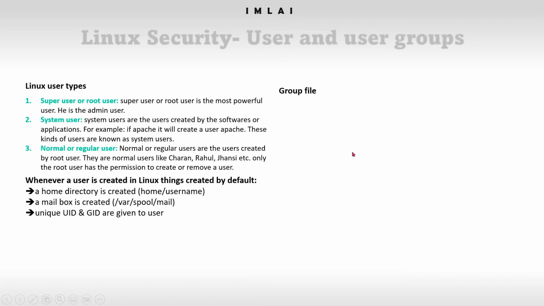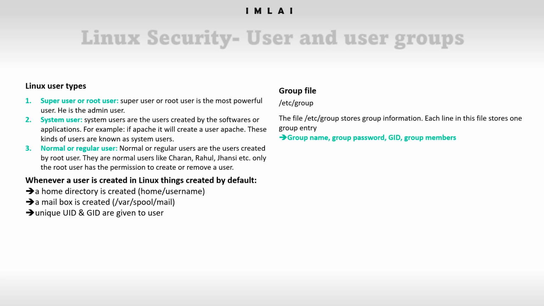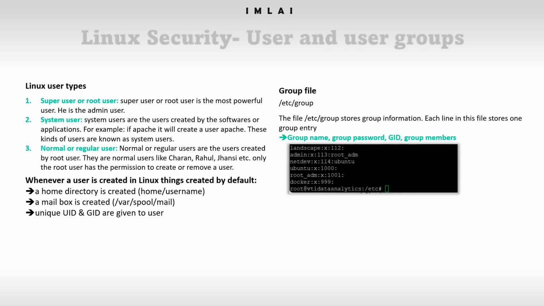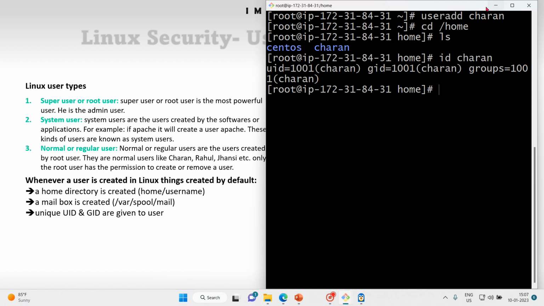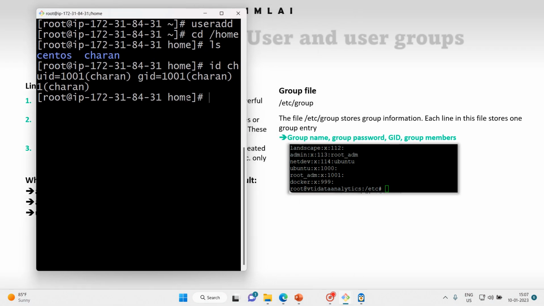So now let's look into the group file. The group file is present in the /etc directory itself. The file /etc/group stores group information. Each line in this file stores one group entry. So basically group name, group password, GID, group members. Let's get into CentOS again, but this time we'll place it on the left side.